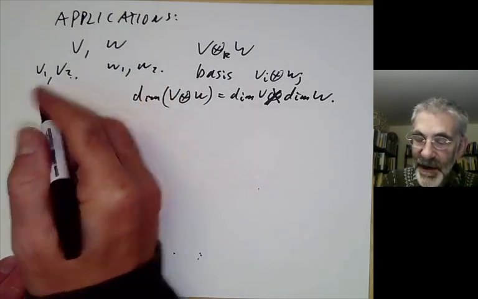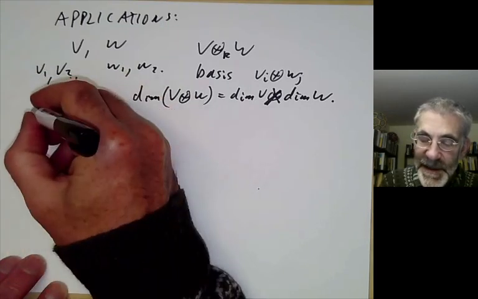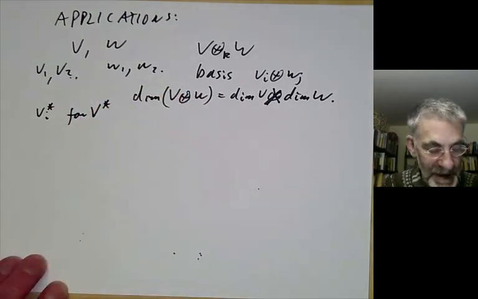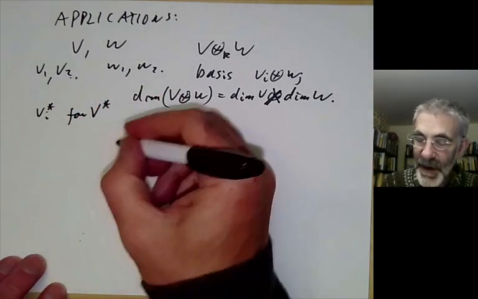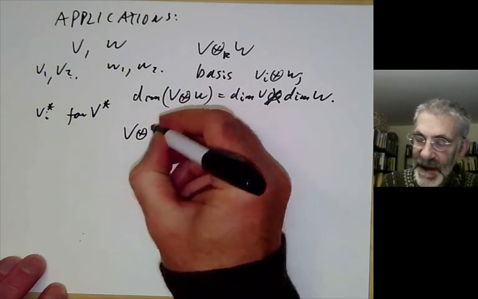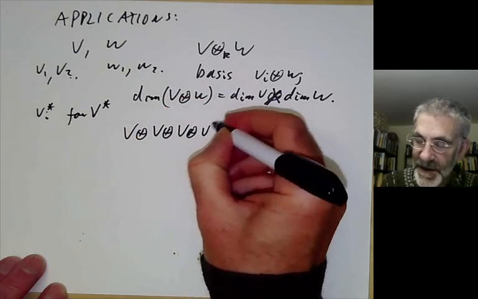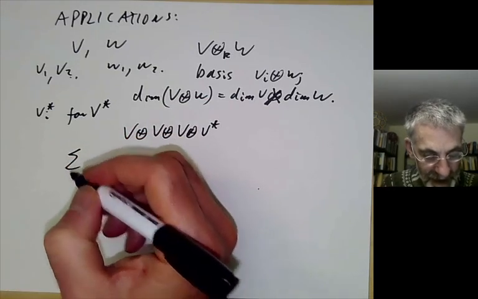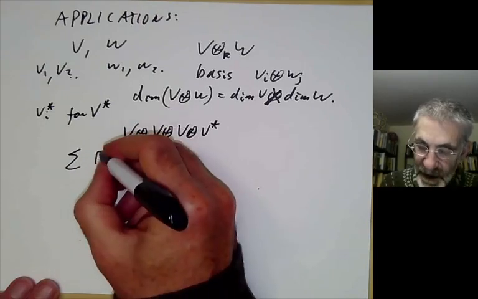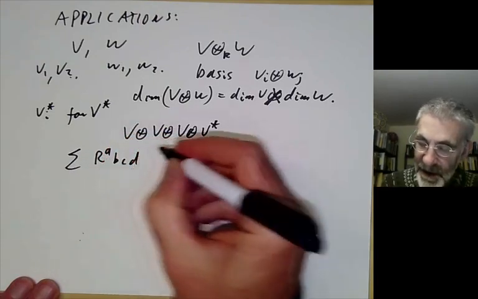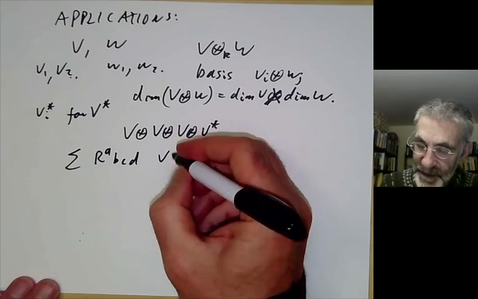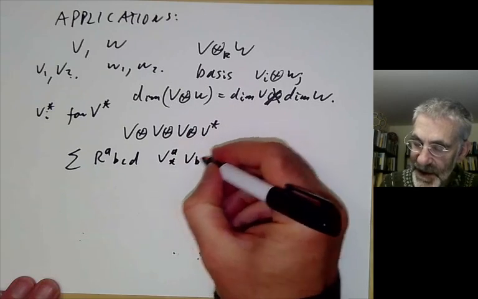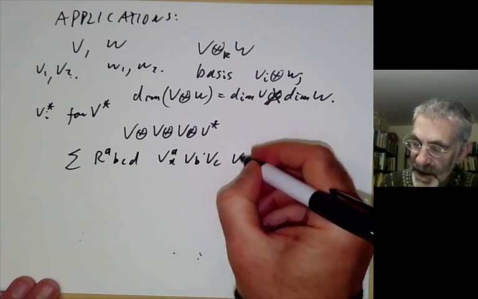So what we do is we take a basis vi for V, and we take a dual basis vi star for the dual space V star. And then you might have elements of V tensor V tensor V tensor V star, say, which are going to be some sort of sum over things like a, b, c, d of va star, let's take something on a dual basis, times vb times vc times vd.